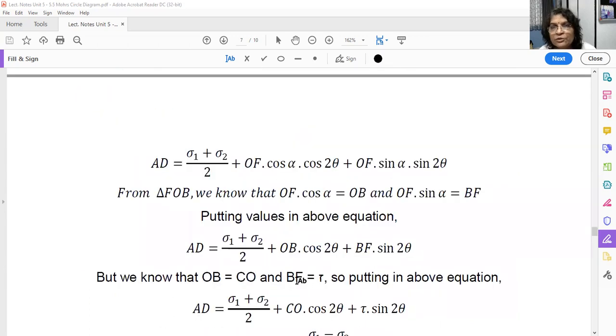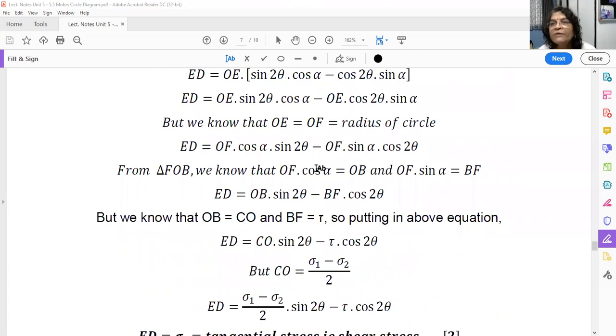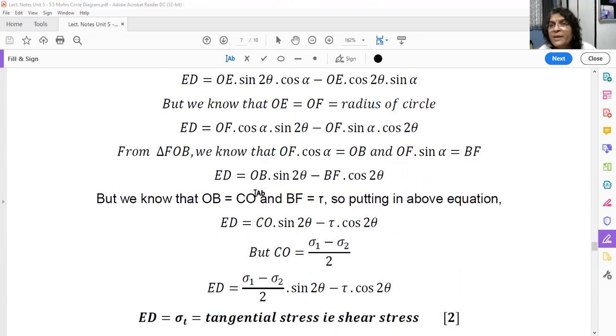Okay. So here, where were we? So in triangle FOB, we know that OF cos alpha is OB, OF sin alpha is BF. So this is OF cos alpha replaced by OB and OF sin alpha replaced by BF. Okay. Now this OB is nothing but CO, which you know actually is sigma 1 minus sigma 2 by 2.